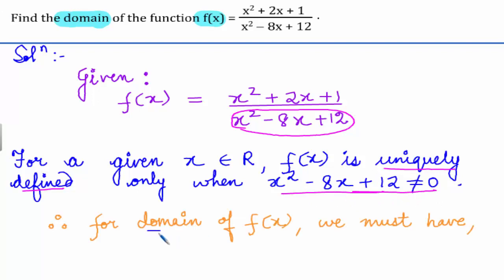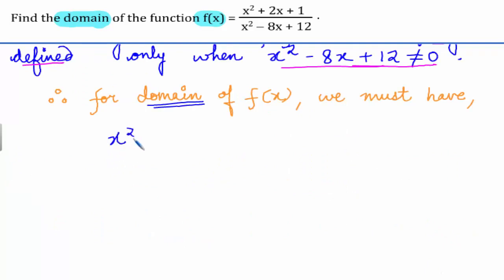Therefore, for domain of f of x, we must have x squared minus 8x plus 12 not equal to 0.